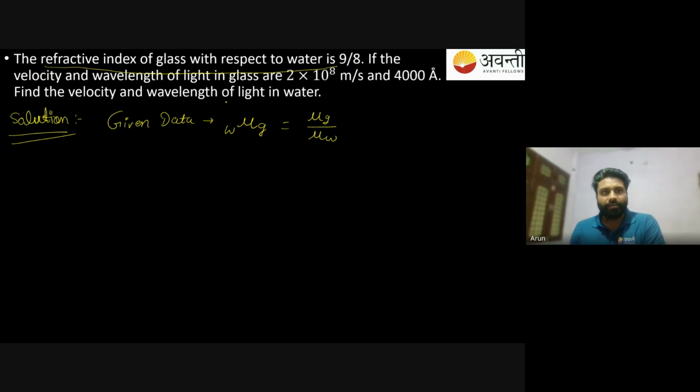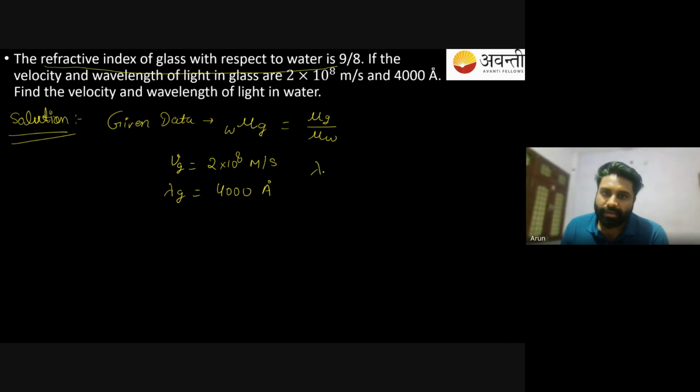If the velocity and wavelength of light in glass are 2 into 10 raised to the power 8 meter per second, and the wavelength in glass is 4000 angstrom, then find the velocity and wavelength in water. Lambda of water we have to find out, and velocity in water we have to find out.